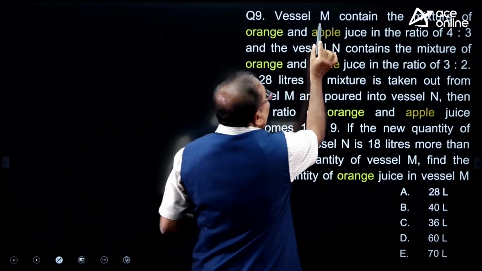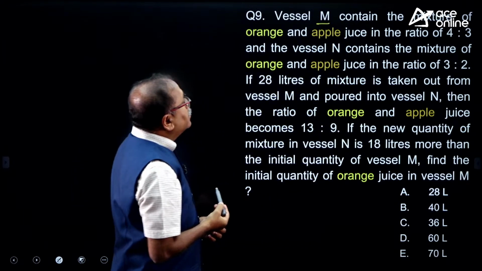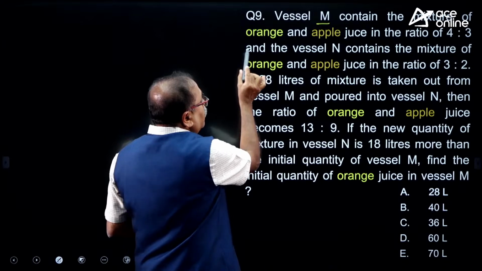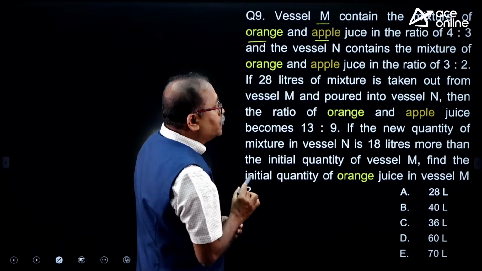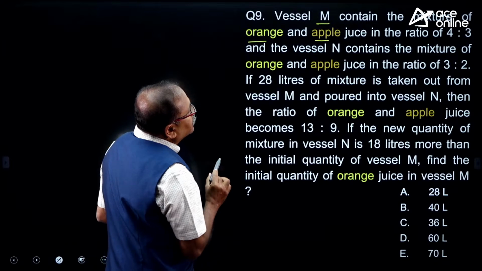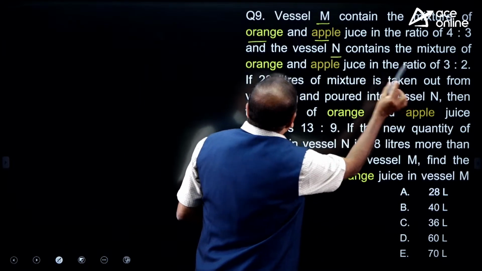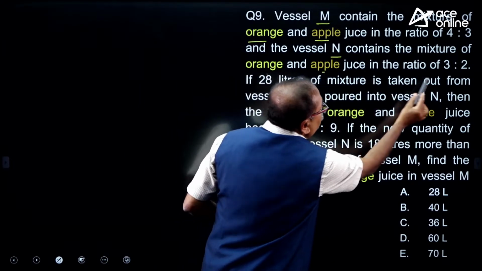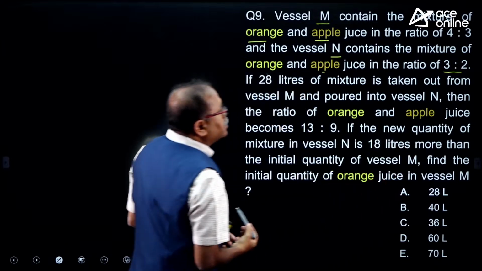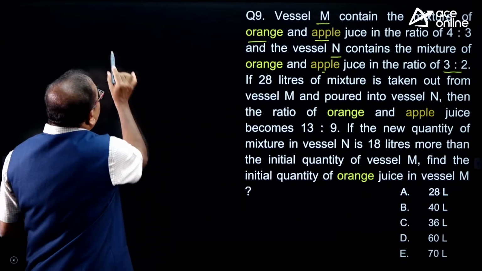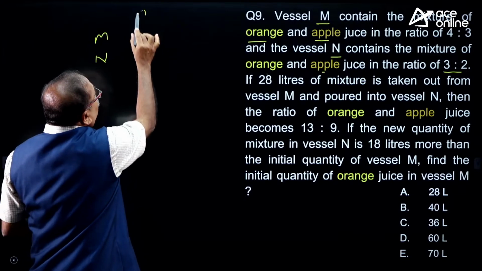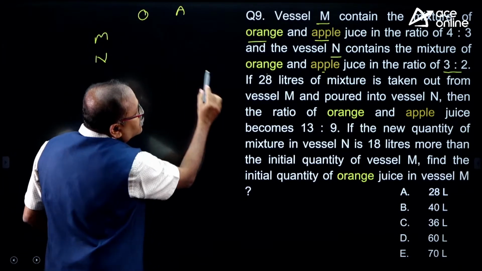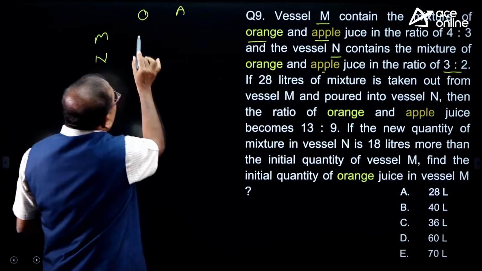Anyhow, vessel M contains a mixture of orange and apple juice in the ratio of 4:3. Vessel N contains orange and apple juice in the ratio of 3:2. So that means you are talking about M and N, and the orange juice and apple juice ratio is given to us, that is 4:3.